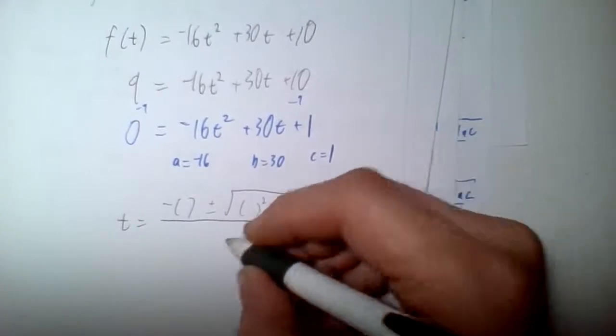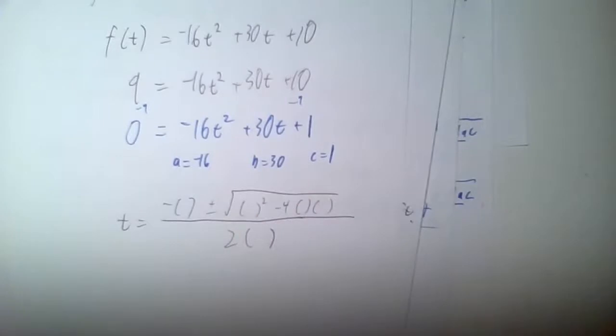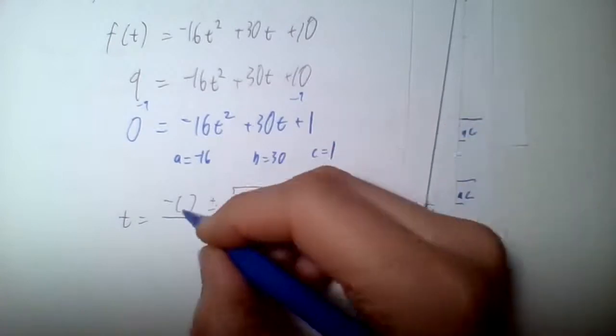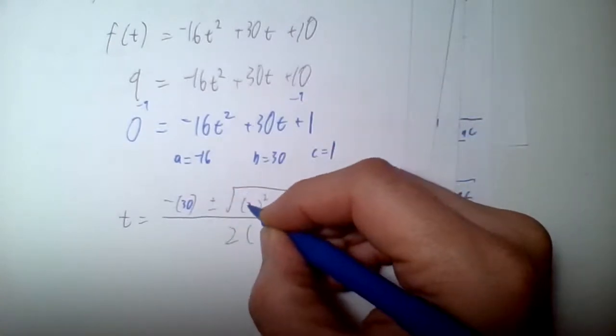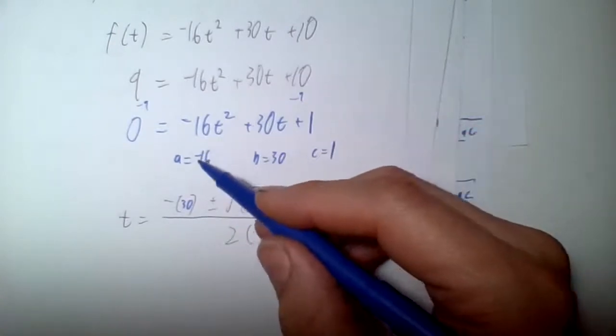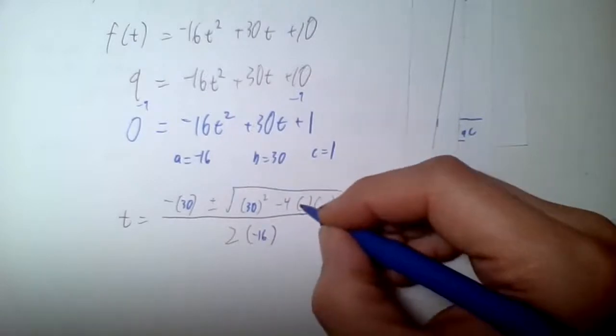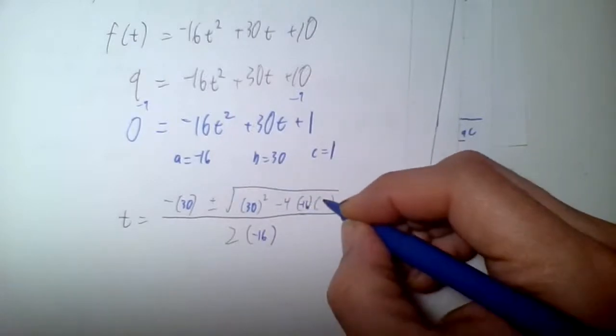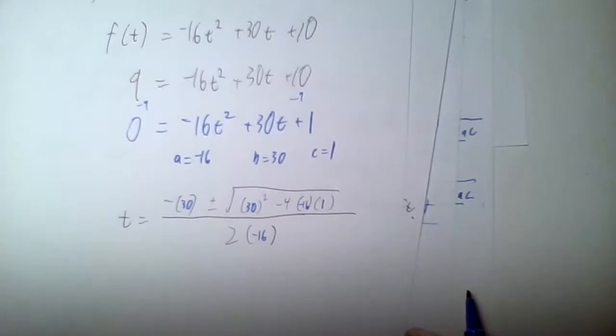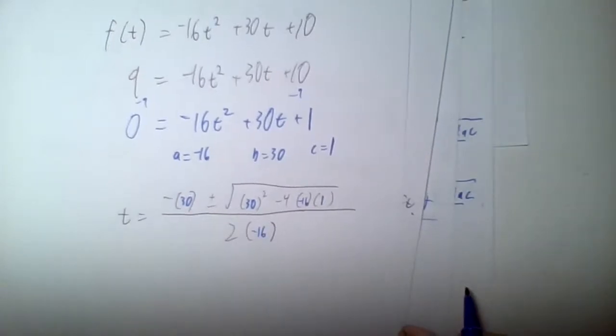You might be memorizing it already. It's over 2a, the whole thing over 2a. Drop the numbers into it. B is 30. That goes actually in the first 2 blanks. A is negative 16. That goes on the bottom and here in the middle. And C goes right here. So times 1. See what happens with this.